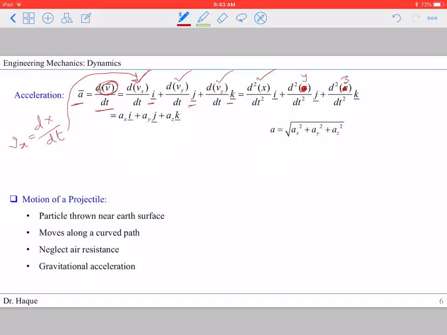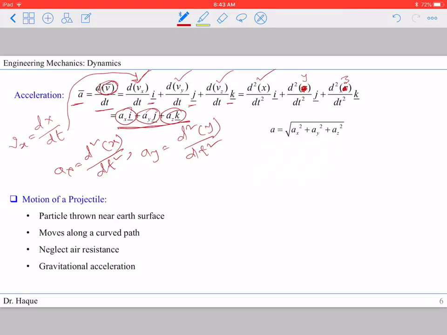So if we consider ax equals the second derivative of x with respect to t squared, or ay equals the second derivative of y with respect to t squared, and same for z, we can find the simpler form for the acceleration vector a, and then we can get the magnitude the same way we did for position and velocity, like so.